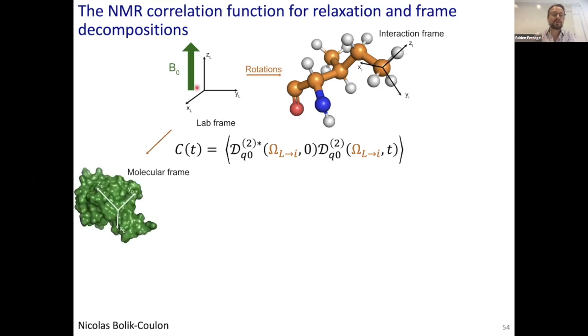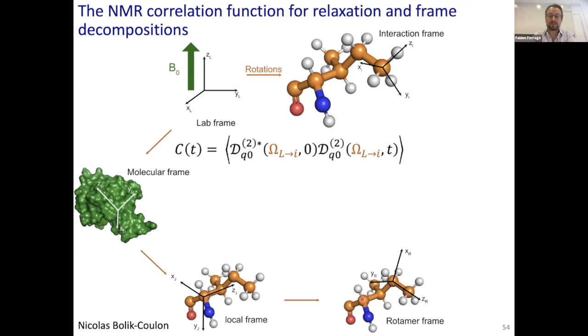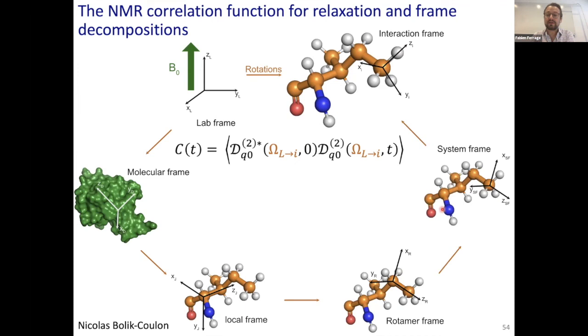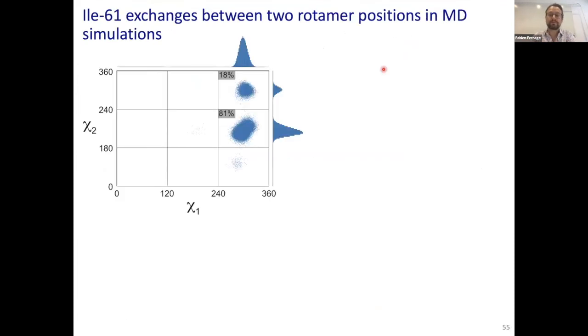So we do this with a set of frame transformations, going to the molecular frame, so this is overall tumbling. Then to a local frame to get an orientation of the residue, in which we can place the rotameric frame that will describe what rotamer state we're in. Finally, the system frame in which we will be able to describe methyl rotation, and finally, the interaction frame. So let's start with a simple case. The simple case is isoleucine 61.